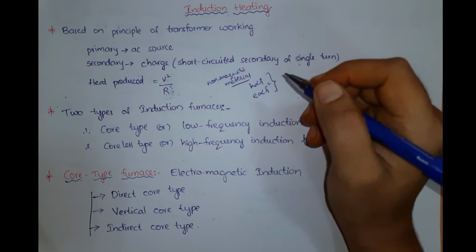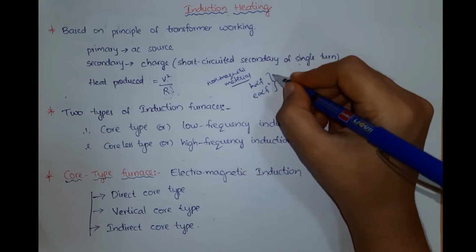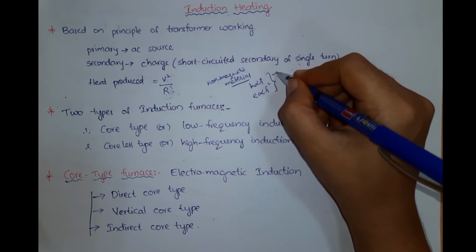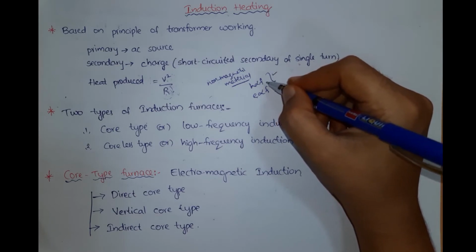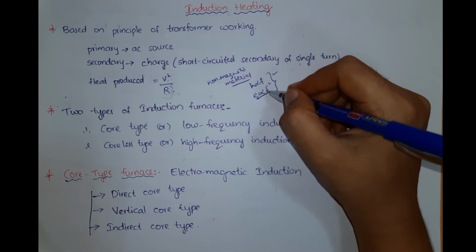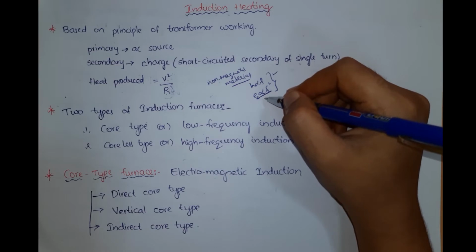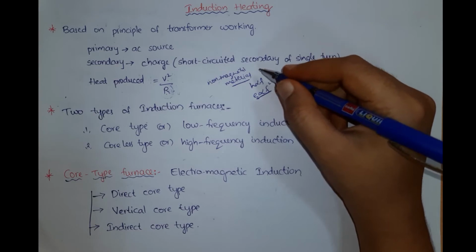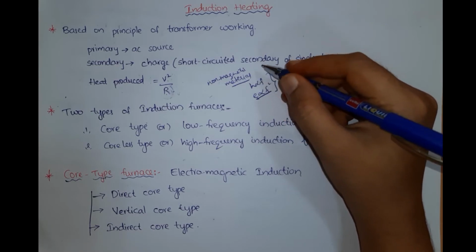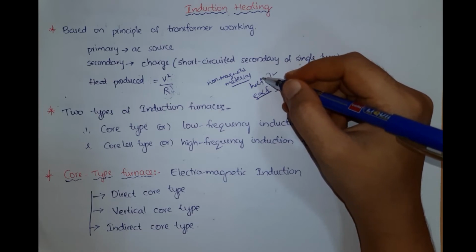That means it no longer acts as a magnet. So in that case there is no effect of hysteresis, because hysteresis losses can be seen only if it acts as a magnetic material. That means now only eddy current losses come into the picture, right? This is what happens at high frequencies, due to hysteresis losses becoming very small as compared to eddy current losses, when high temperatures are attained by the charge at high frequencies and the material ceases to possess magnetic properties, right?